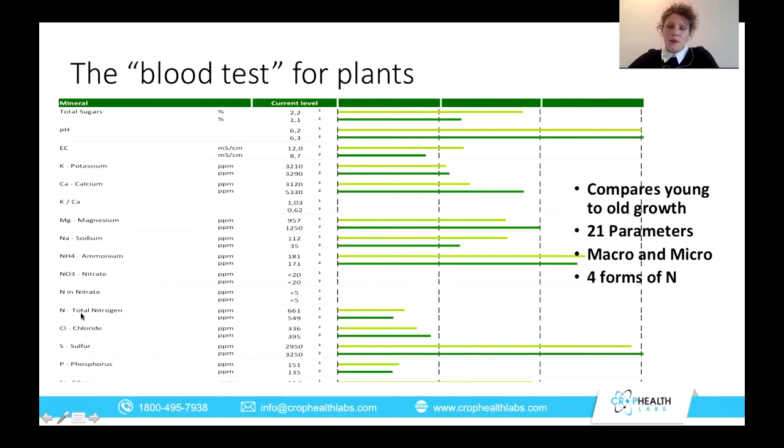There are 15 different macro and micronutrients. So we have the N, the P, the K, sulfur, and then additional micronutrients, which we're finding help or inhibit the absorption of the main macronutrients. By trending this data over time, you will get a chart for each time you test.